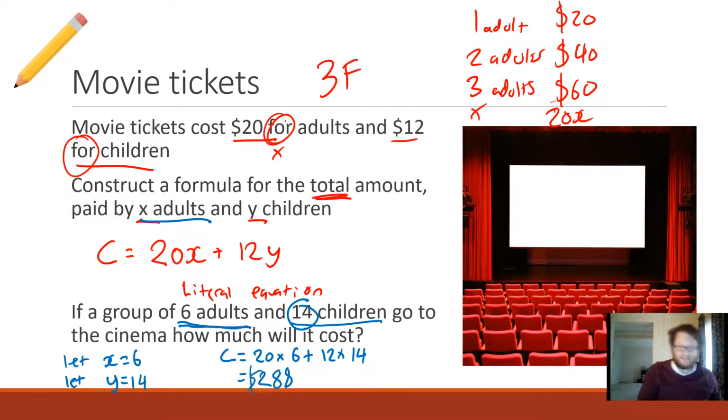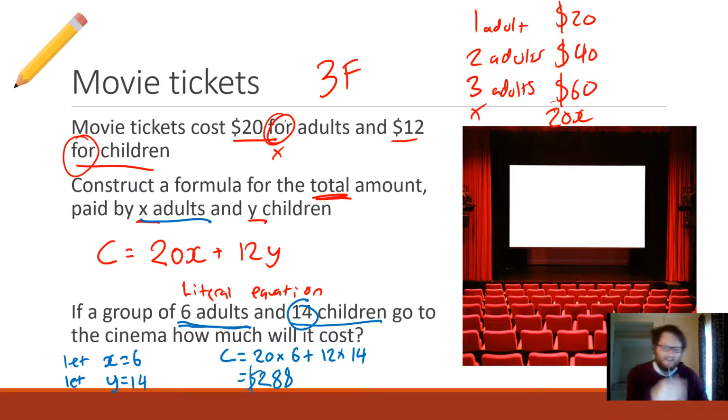So that's how much it's going to take all these 3 families, or maybe 6 families, I don't know, to go to the cinema. These are the classic questions that you're going to get with these exercises. They'll say some amount per, some amount off, but ultimately it's going to be a question where you've got to put some kind of multiplier for an unknown.